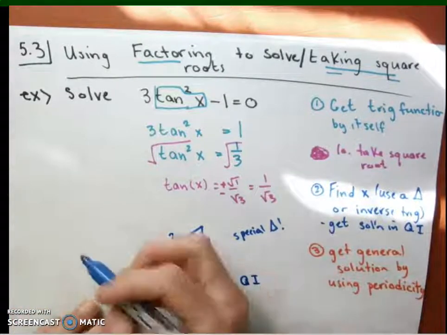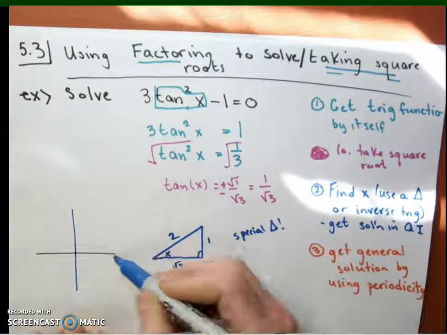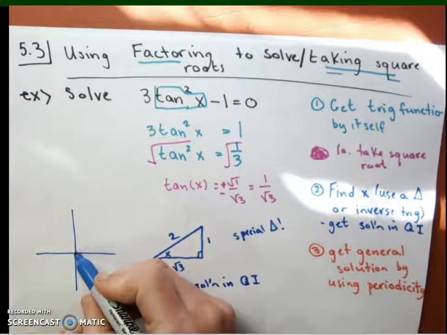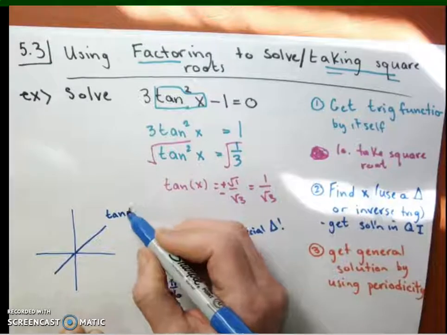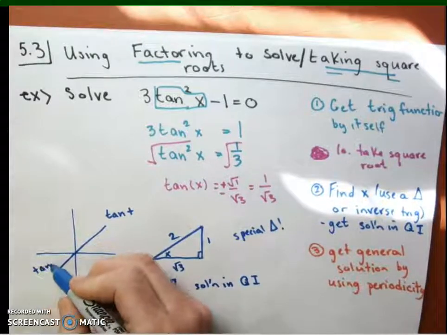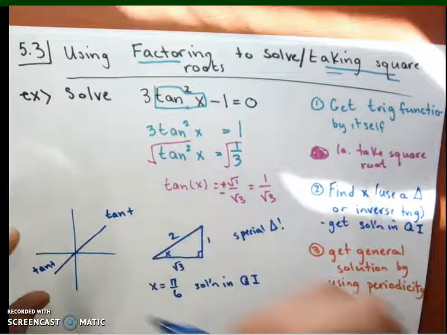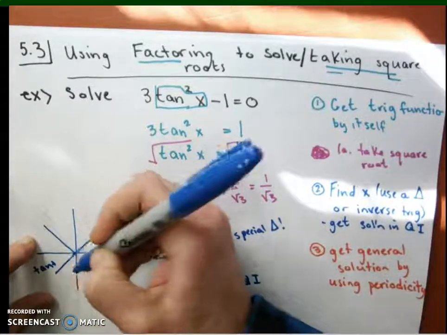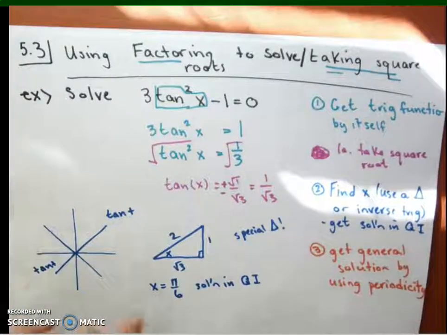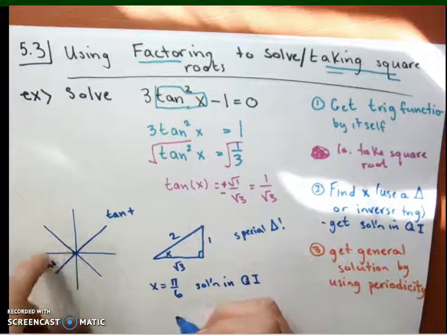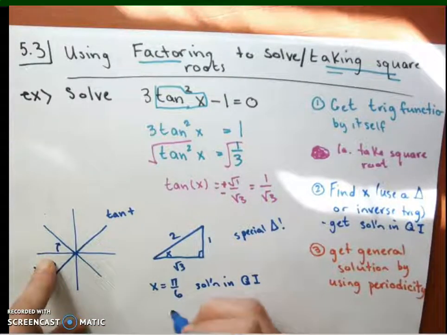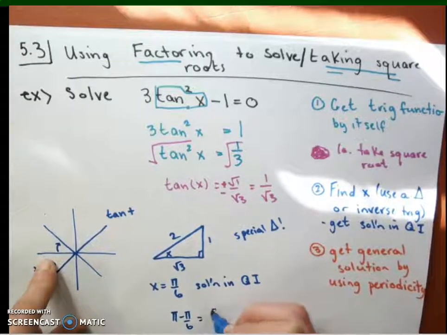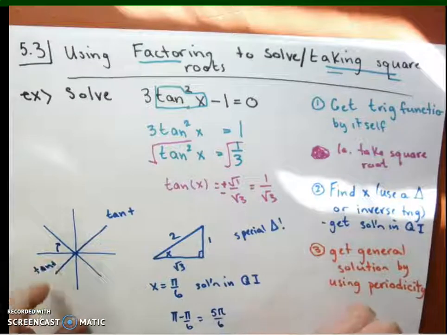Now, I can recognize that when tan is positive, I could either be in quadrant 1 or quadrant 3. But I also have negative solutions, so I could have an answer in quadrant 2 and quadrant 4. So my answer in quadrant 2 is going to be pi over 6 less than pi. So it will be pi minus pi over 6, which equals 5 pi over 6.